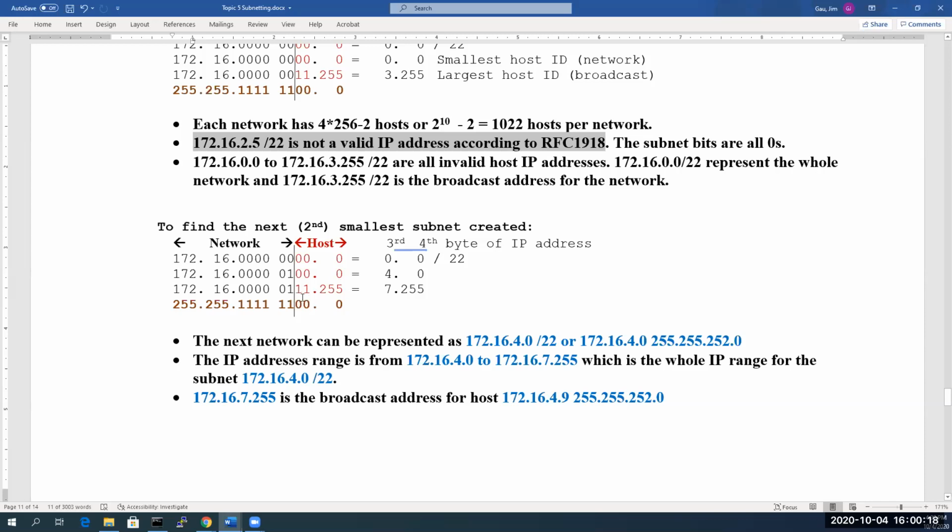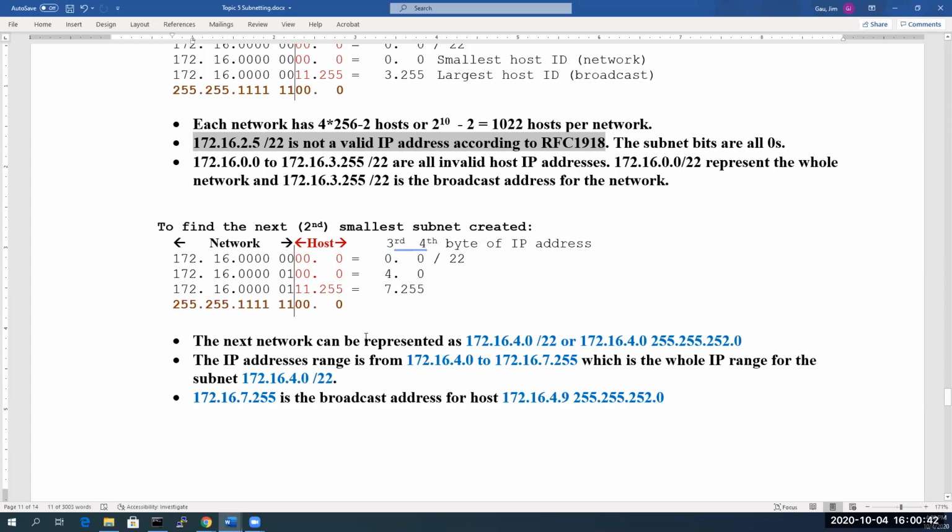And the largest number of this second network is 1, 1, which is 255, 255, right, at the end here. So it's from 4 to 7. Therefore, the first network is from 0 to 3, and the second one is from 4 to 7, right?